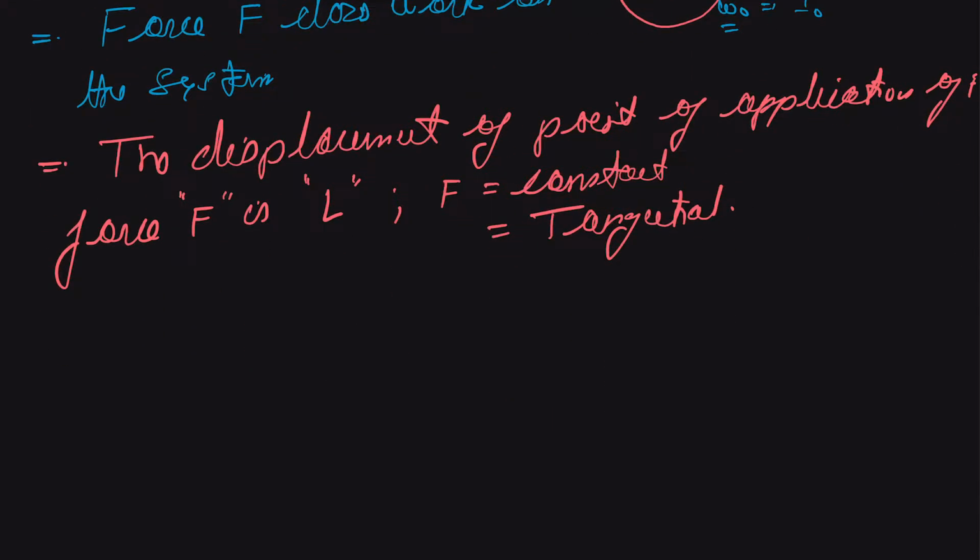Therefore, we can say that the work done by the force F will be equal to FL. There is no friction, so obviously there will be no losses. So we can say that this entire work done, that is our W, will be converted into the kinetic energy of the system. Initially the system was at rest, so the initial kinetic energy was equal to 0.